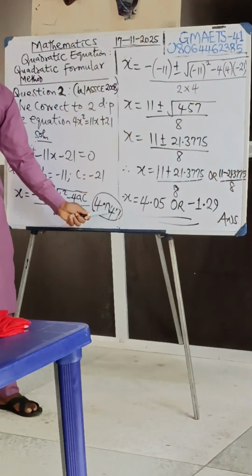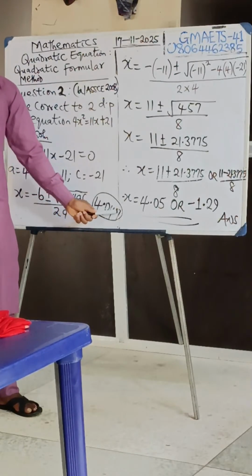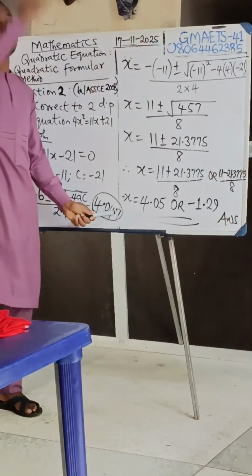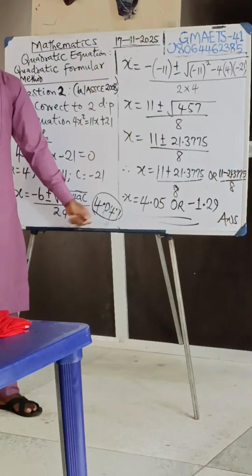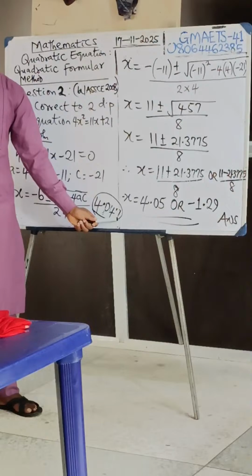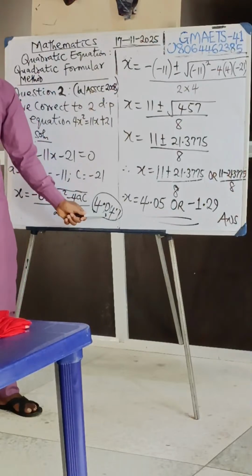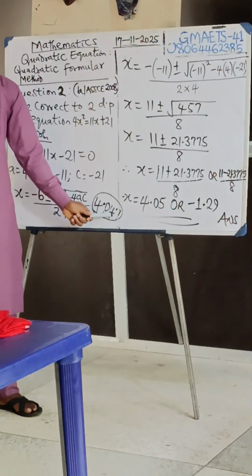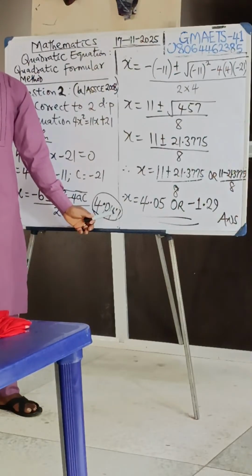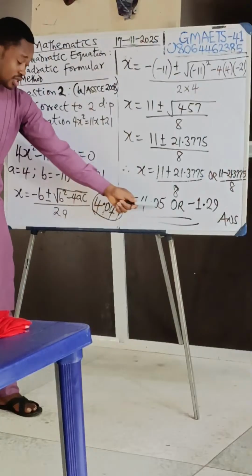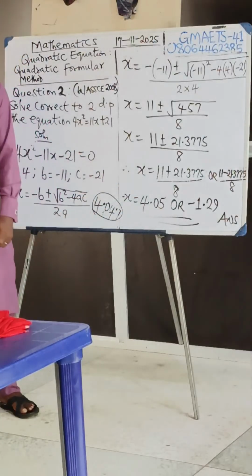So if you add 1 to this 4, this becomes 5. The 7 and everything after it will disappear. But if this is less than 5, let us say 4, the answer could have been 4.04. Because 4 and below, you round down. Do you get that? So that's how we got that 0.05. We added 1 to that.